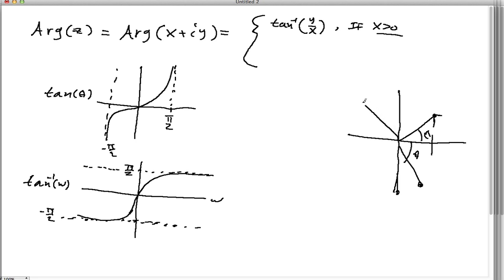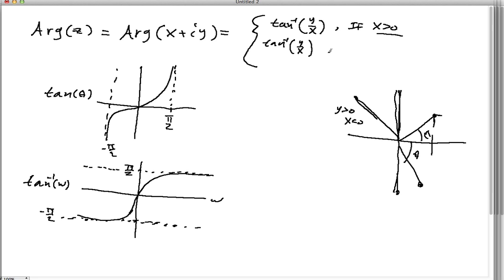But what about on this side over here? What if x is less than 0 and y is positive? Well, we want to add something to it. In general, we have to add something to tangent inverse of y over x.